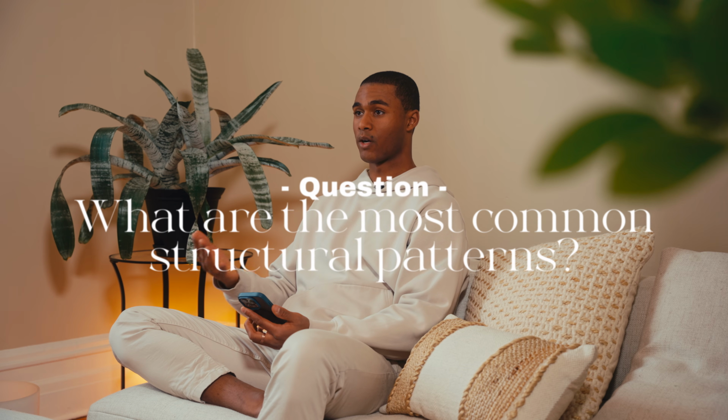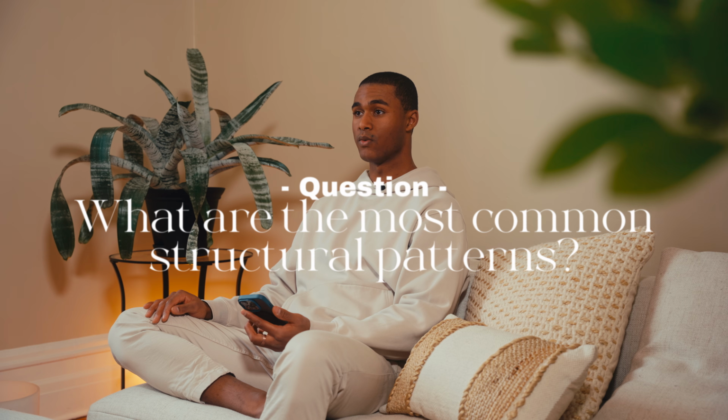So with all of this, what are the most common structural patterns you see, especially treating so many people? So structure as in posture. Posture, which is the most obvious. I think the fact that the majority of the population is sedentary. They sit more than they are active.